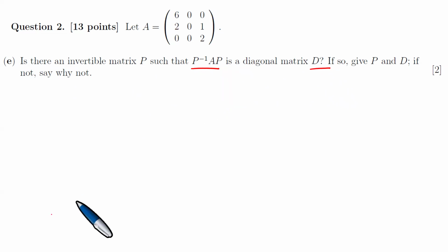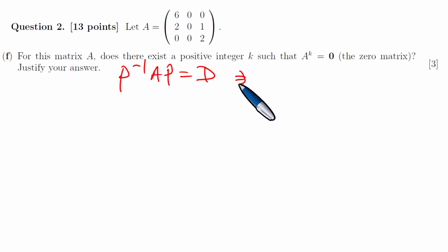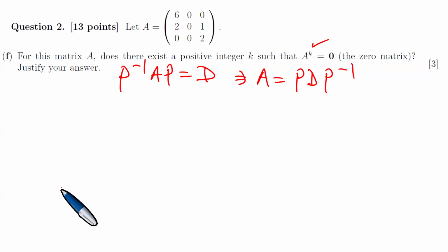So it means P inverse AP is D. To raise this to a power k, you need to solve for A here. So A becomes P D P inverse, in that order.